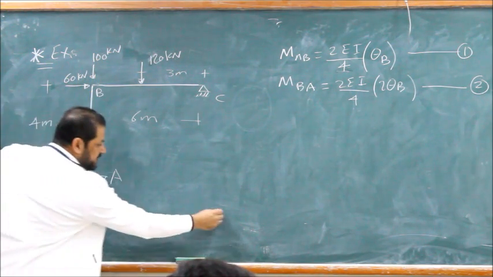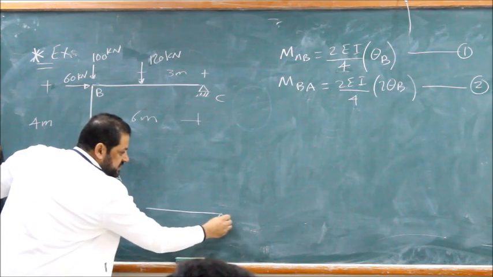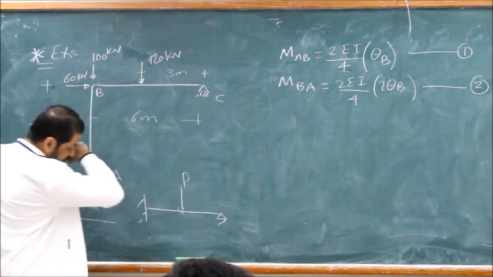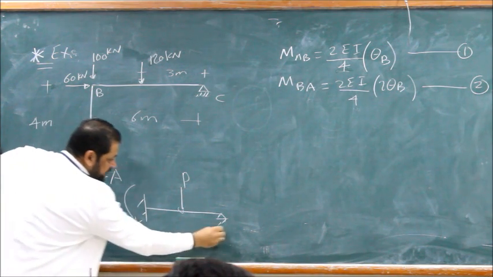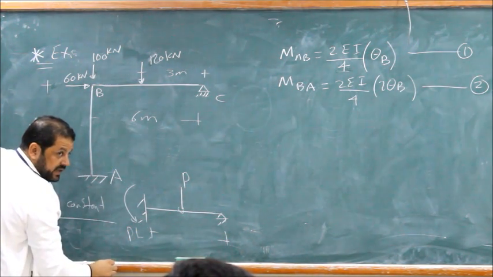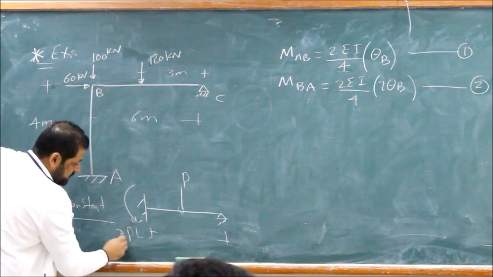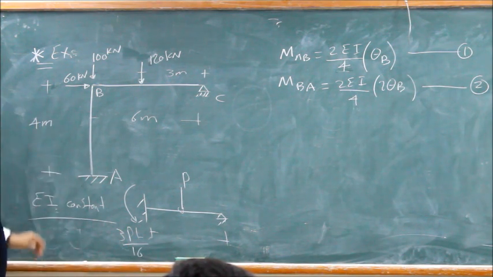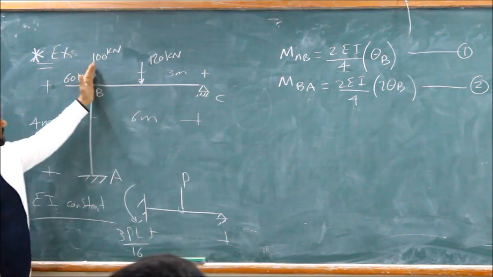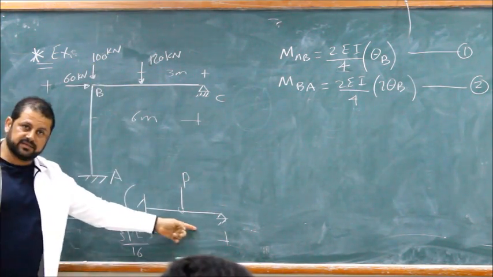So you go to the table. When you have this, with a load in the middle, how much is the fixed end moment here? PL over 16. So the fixed end moment will be like this. This is your case. If we fix this one, this is your case.